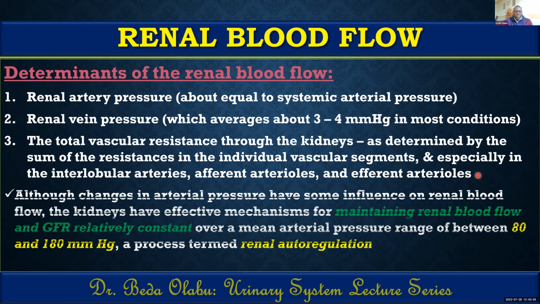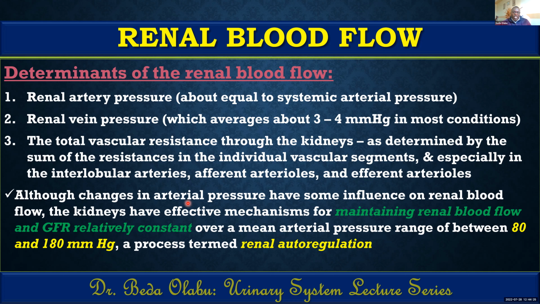So I've told you that although changes in the arterial pressure influence renal blood flow, the kidney has some mechanisms that help us to maintain renal blood flow, and that will also maintain the glomerular filtration rate at a constant rate within some range of pressure. And the range of pressure here is a mean arterial pressure of between 80 to 180 millimeters of mercury.